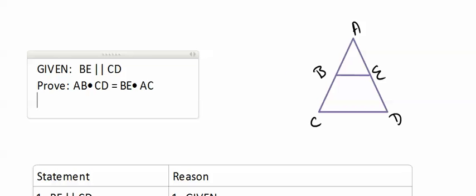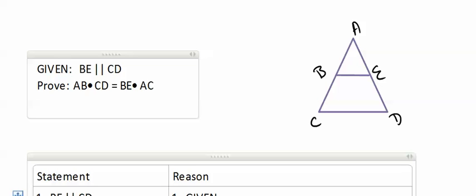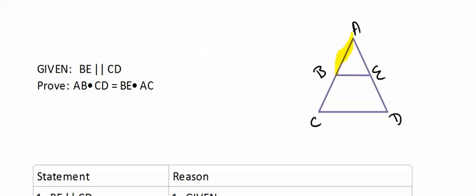And again, that's going to come from the means extremes, because if we have proportions, we know that if we multiply it out, basically cross-multiplying, the products will be equal. So let's look at where those sides are. We have AB, we have CD, we have BE, and finally AC.